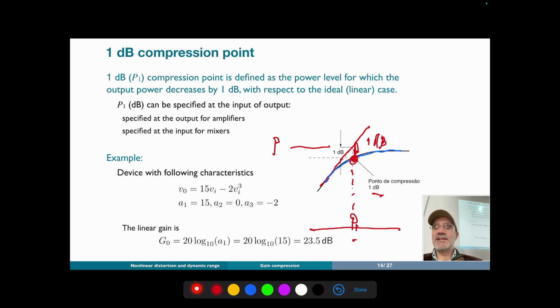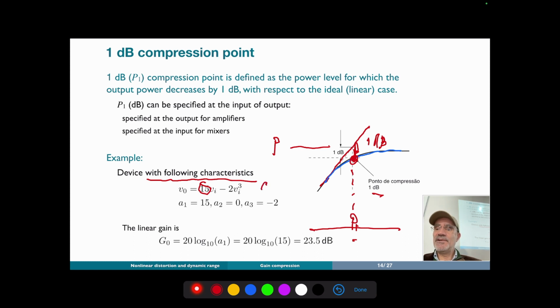But let's see an example. Let's assume we have a device which has the following characteristics, which is shown here. So here we have amplitude gain of 15. This is the linear term. And then we have a third order term. So in this case, there's no second order, and all other higher order terms are 0.